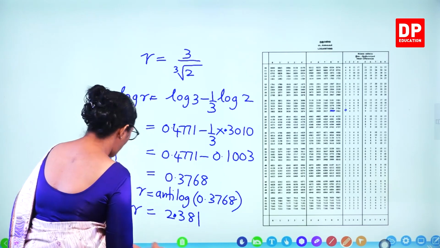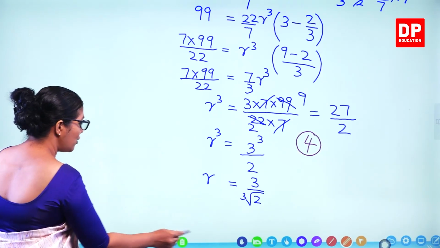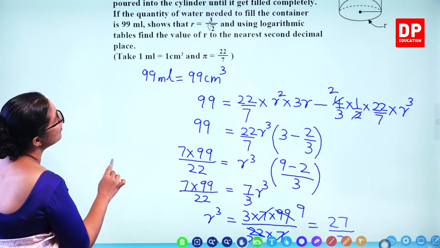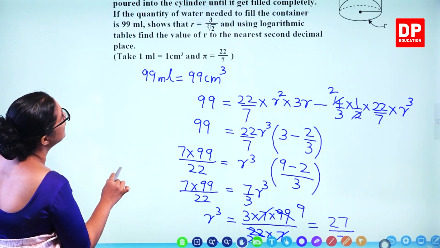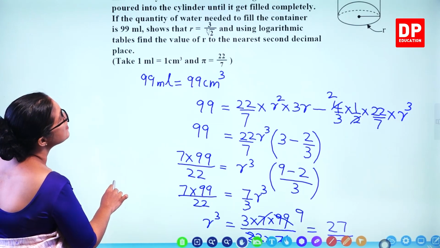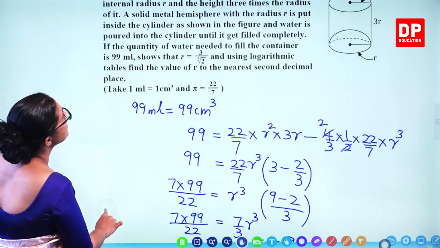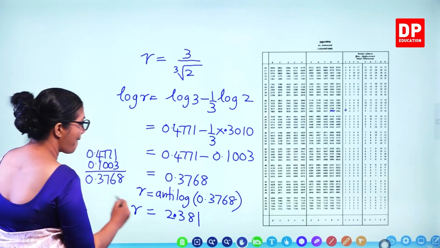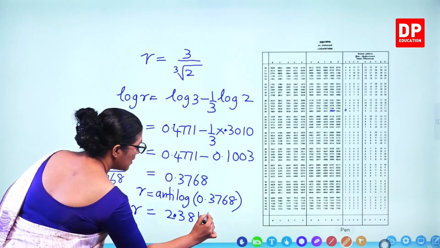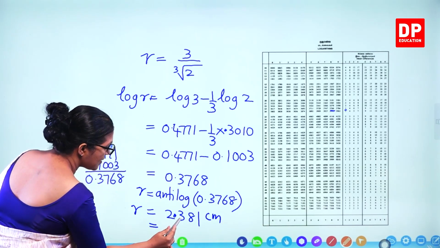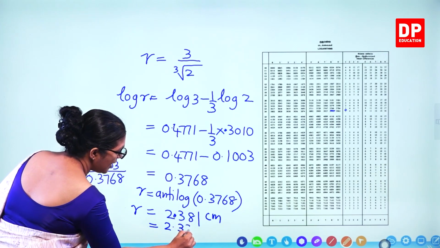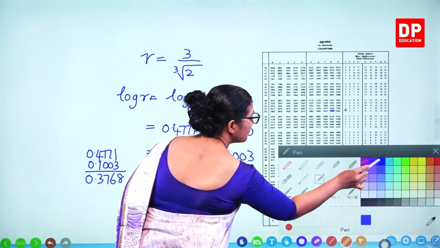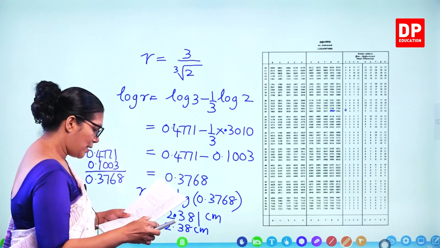Now they mention the value correct to the nearest second decimal place. These are all in centimeters, since cubic centimeters are given, so centimeters. To 2 decimal places, 2.38 centimeters is the R value. So how many marks for this step?